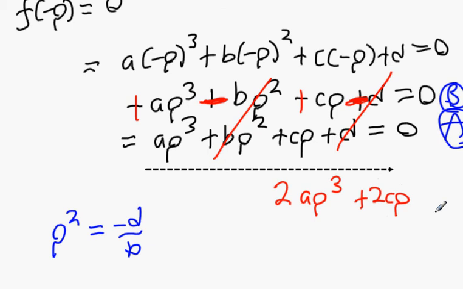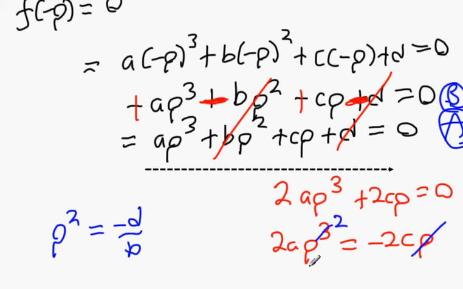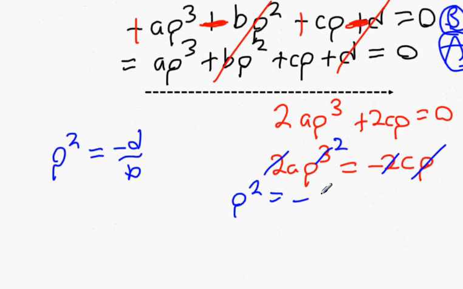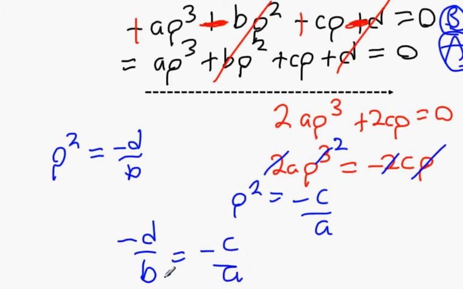Plus 2cp equals 0. I'm going to get 2ap cubed equals minus 2cp. Now what happens to the p on the right? It cancels and this becomes a square. The 2's will cancel and p squared will be minus c over a. It's the exact same ending as last time. And we're going to get AD equals BC. Same thing.